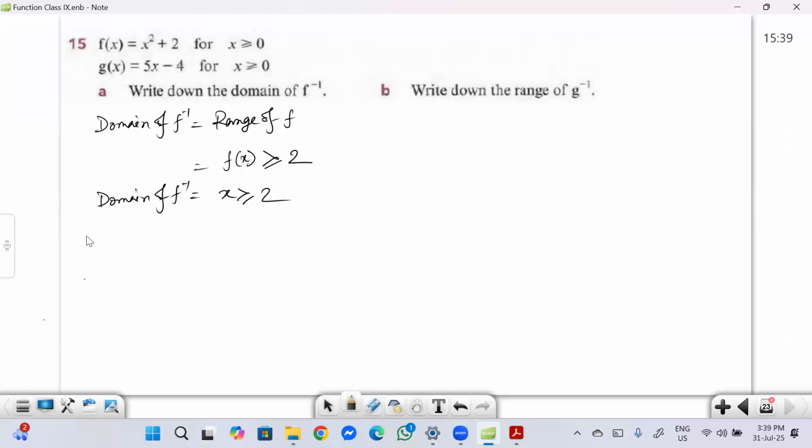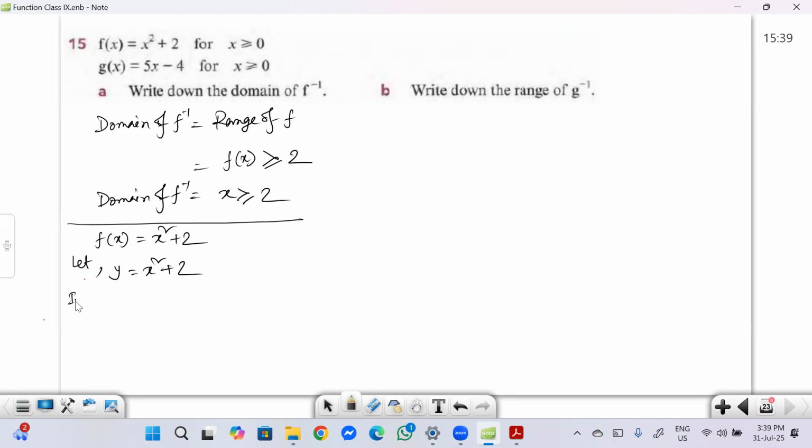Look, there is an issue here, so let us find the quadratic inverse carefully. f of x is given as x square plus 2. Let y equal to x square plus 2.